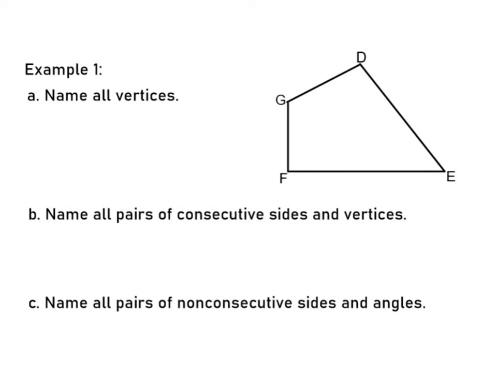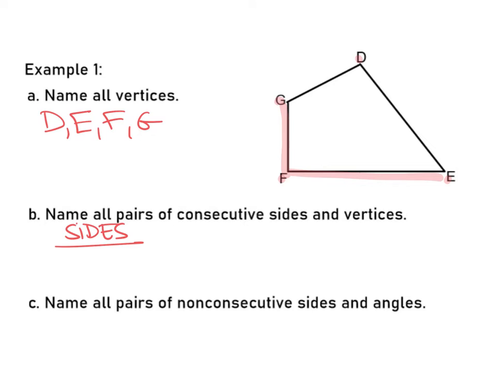All right, so let's look at an example here. First, we're just going to name the vertices. Those are just the corners, right? So I have D, G, F, and E over here. So we would just list them with commas in between to show that they're just points. Okay, so consecutive sides, let's look at that. We would have GF and FE. I could also have FE and ED.